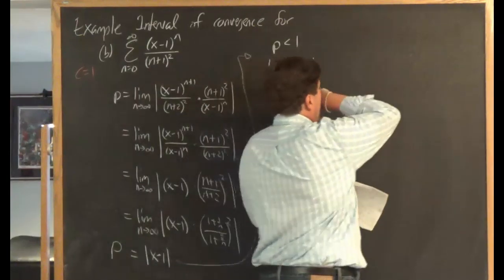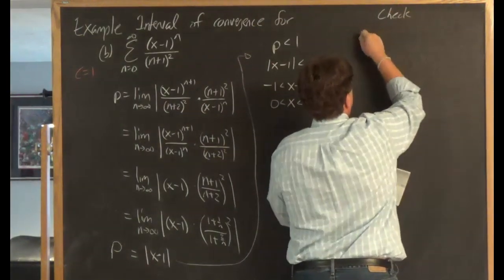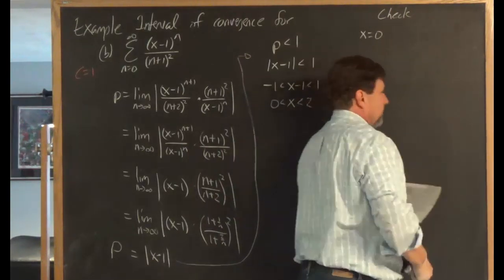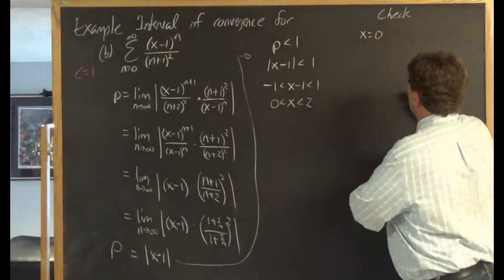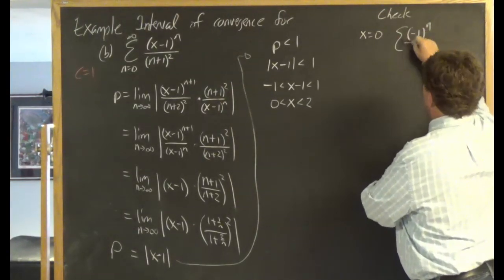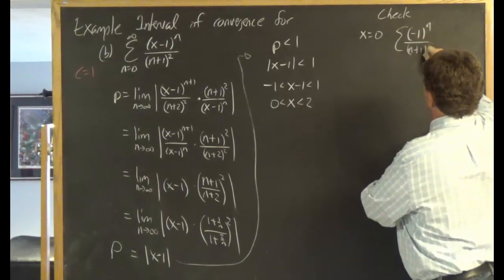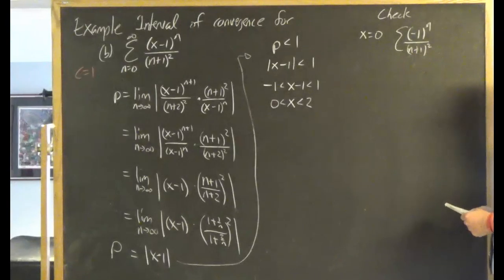Check x equals 0. You put 0 into the original power series. That gives you (negative 1) to the n over (n plus 1) squared. Does that converge or diverge?